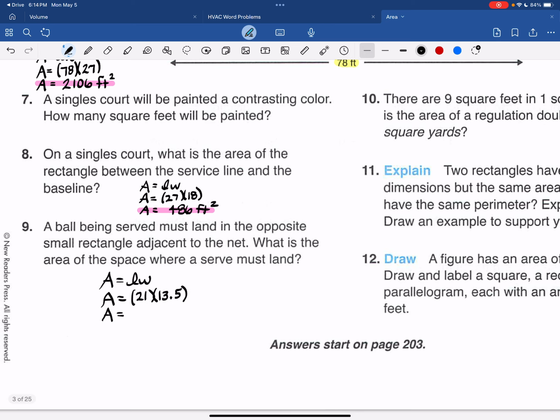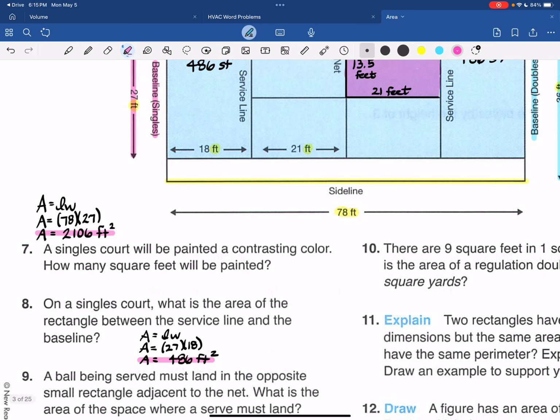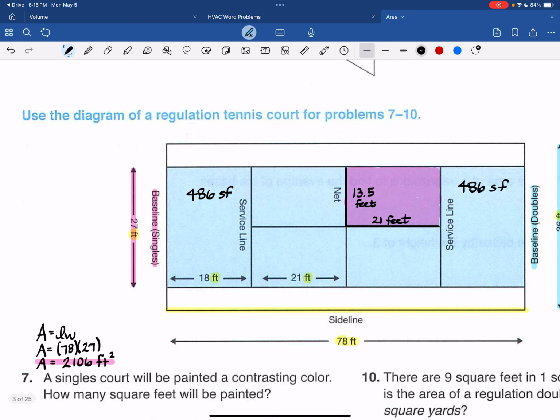You have to work for those a little bit. So 283.5 square feet is the area of that little rectangle. 283.5 square feet. Okay.